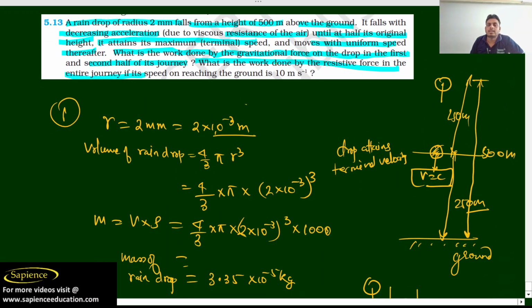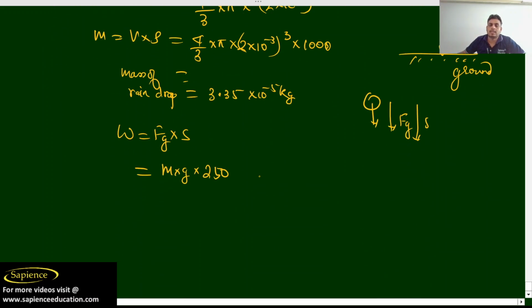See here what they are asking: the work done by the gravitational force on the drop in the first and second half of the journey. Either you take the first half or the second half, you will get the same answer, because both have the same displacement.